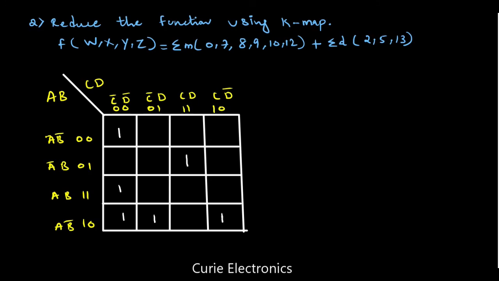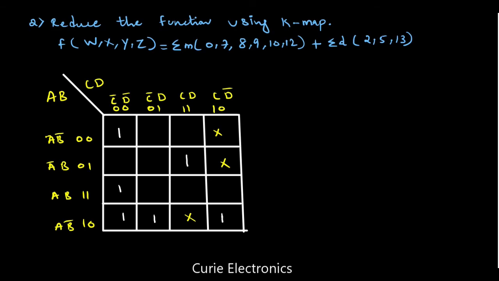One comes here. Then we have the don't cares. So this is one don't care. This is one don't care. So 2, 5, 13. One more don't care should be there. This also don't care.